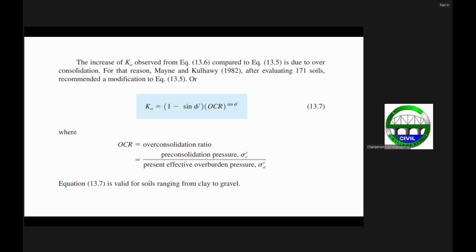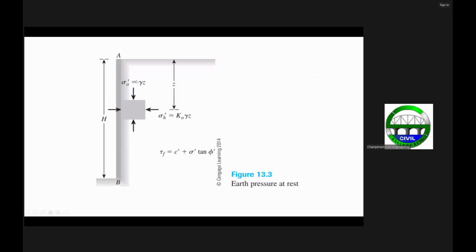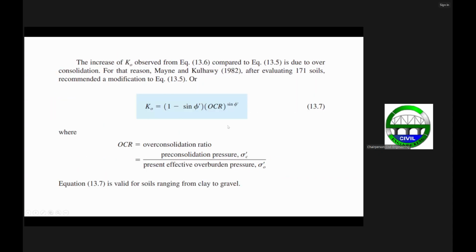Again, if you recall, the over consolidation ratio is the ratio between the pre-consolidation pressure, sigma sub c prime, over the present effective overburden pressure, that's your sigma sub o prime. And then we raise that to a power sine of phi prime, the effective friction angle. This equation is valid for soils ranging from clay to gravel, for example.